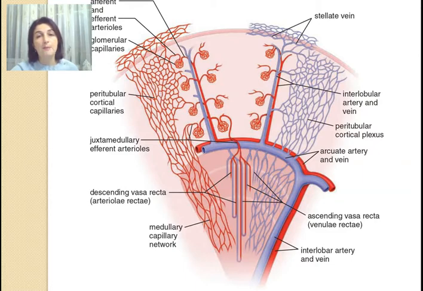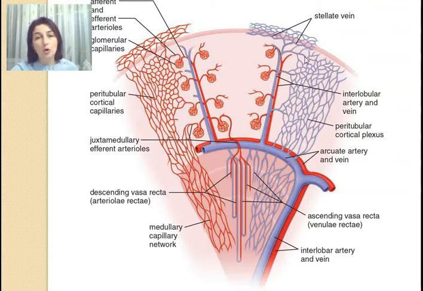Erythropoietin is a cytokine, a specific substance which will stimulate production of the erythrocytes in the bone marrow.